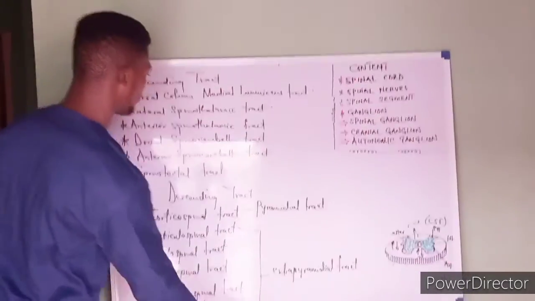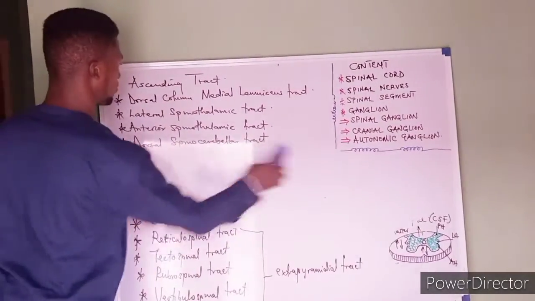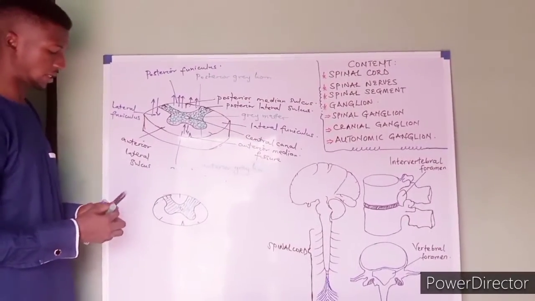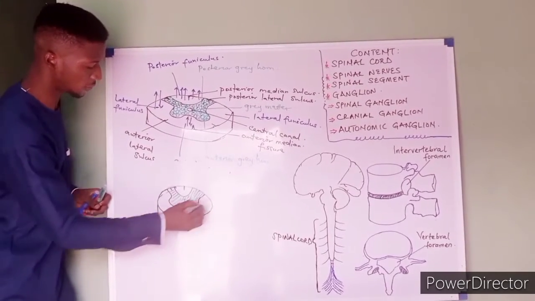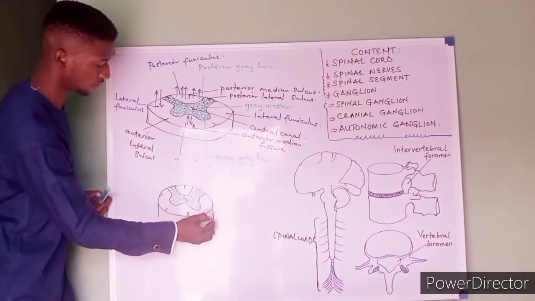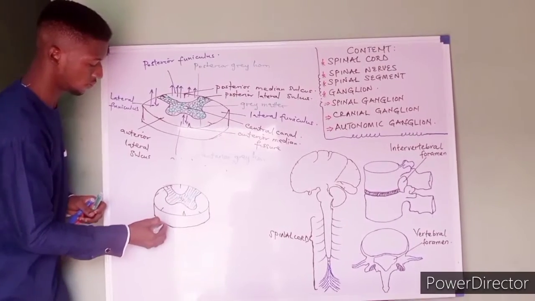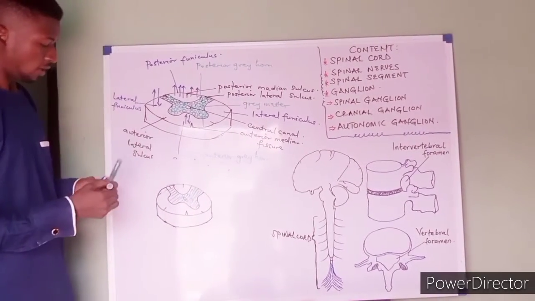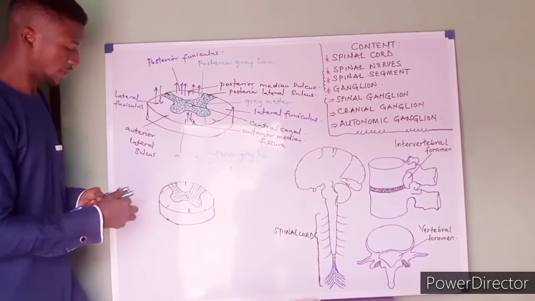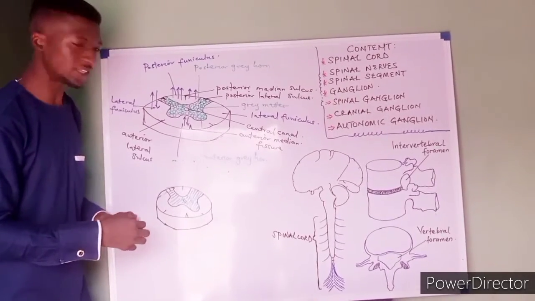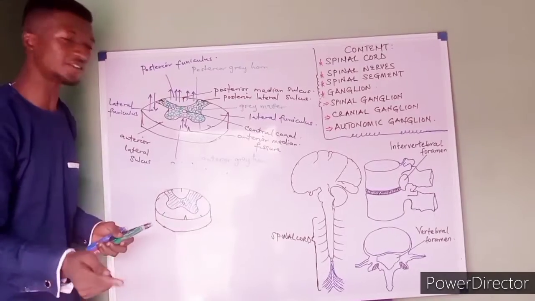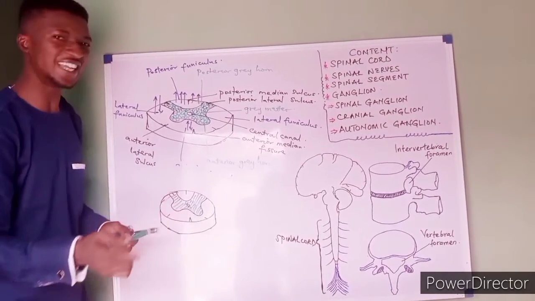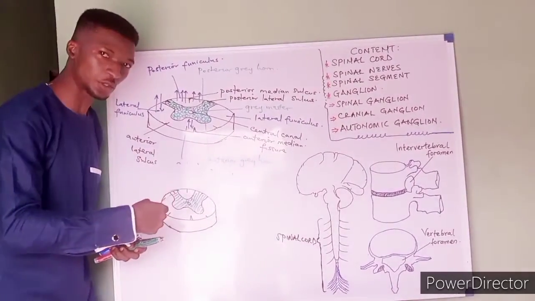Let's see now in this particular section. This is what we have as the spinal cord now, a cross section of the spinal cord. I want you to know that the nerves that run into the spinal cord are called the sensory nerves.